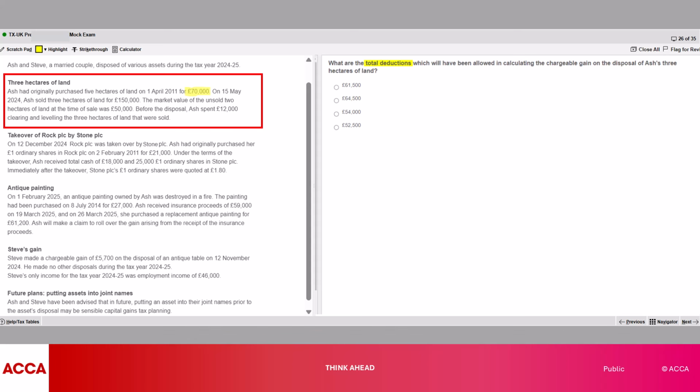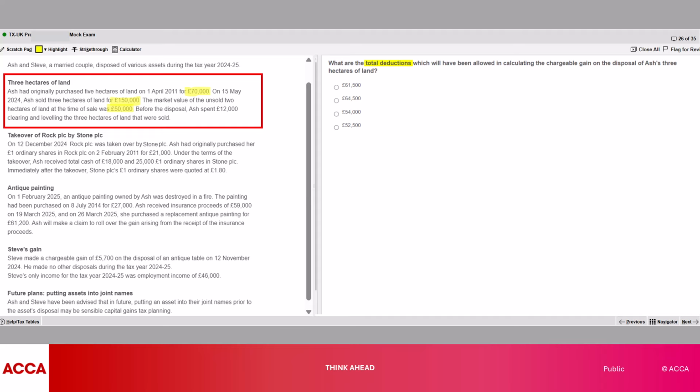So we have the 150,000, that's our A figure, and the 50,000, which is our B figure. So we're basically going to apportion the cost based on those values at the date of disposal.